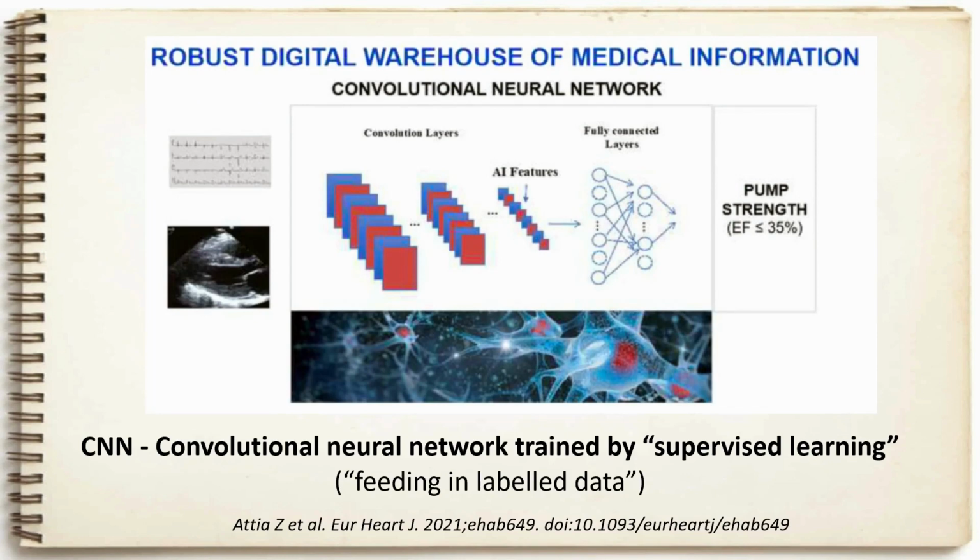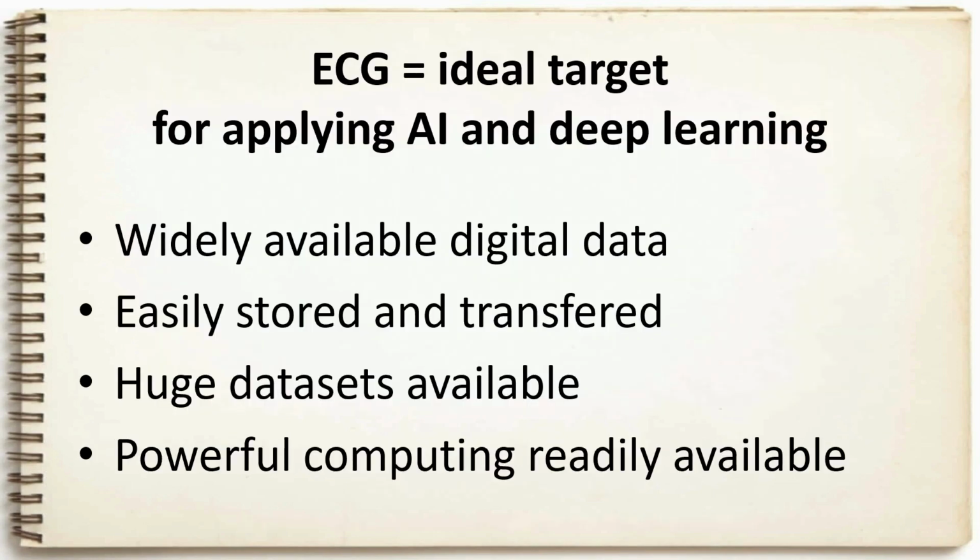As input, you can choose various data sets, for instance here a 12-lead ECG and echocardiogram, and then running this information through a convolutional neural network, at the end of this process you arrive at an output. Typically we use for that so-called supervised learning. That means that we feed labeled data into the system.